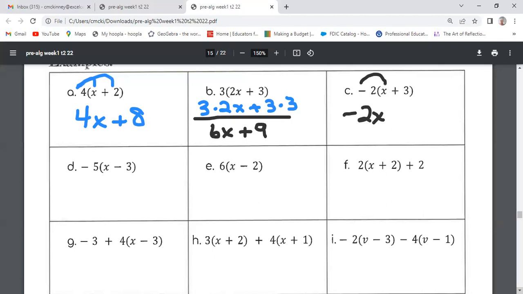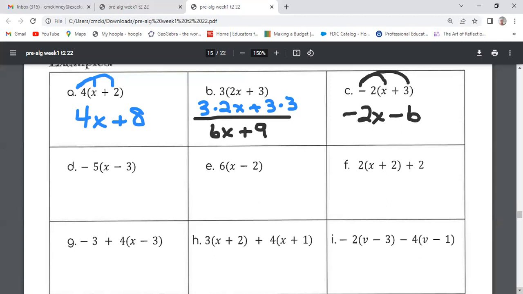Then -2 times 3, -6. And these are finished at that point because we're not solving. If you know about equations, we're not there yet. Give me a couple more days. We're not solving these, we're just simplifying. There is no equal sign, so that's why we can't solve.